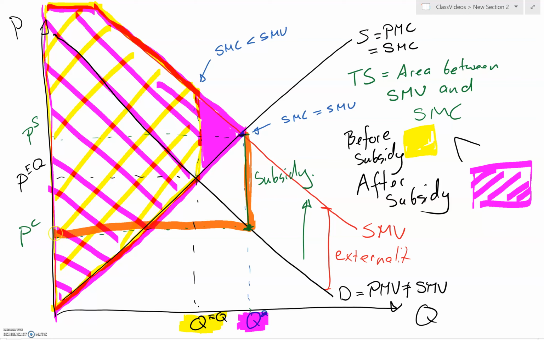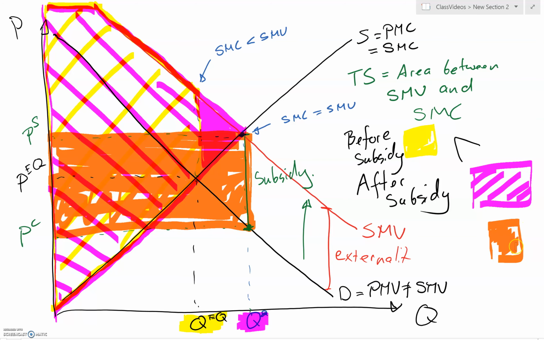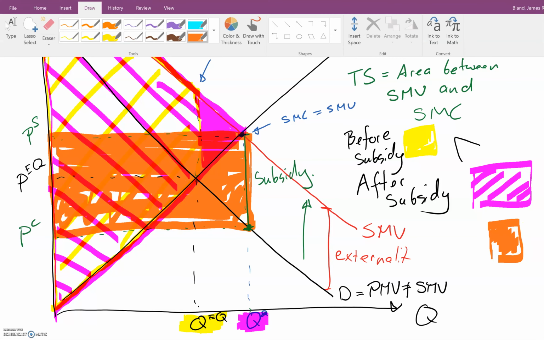So the government is paying this much here, right? This is the cost of the subsidy. I'm not going to waste too much time coloring this in. Okay, so this area is the cost of the subsidy.